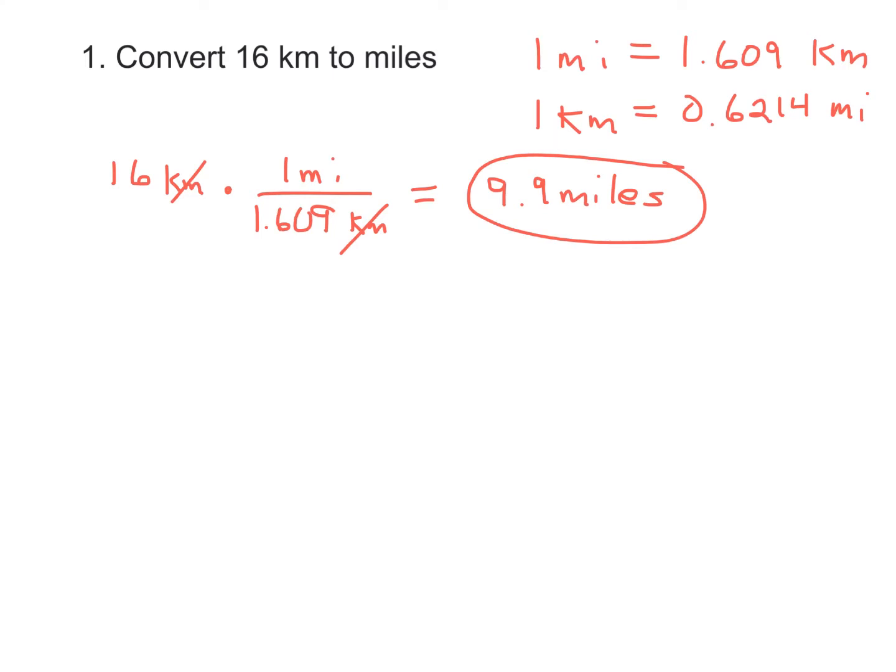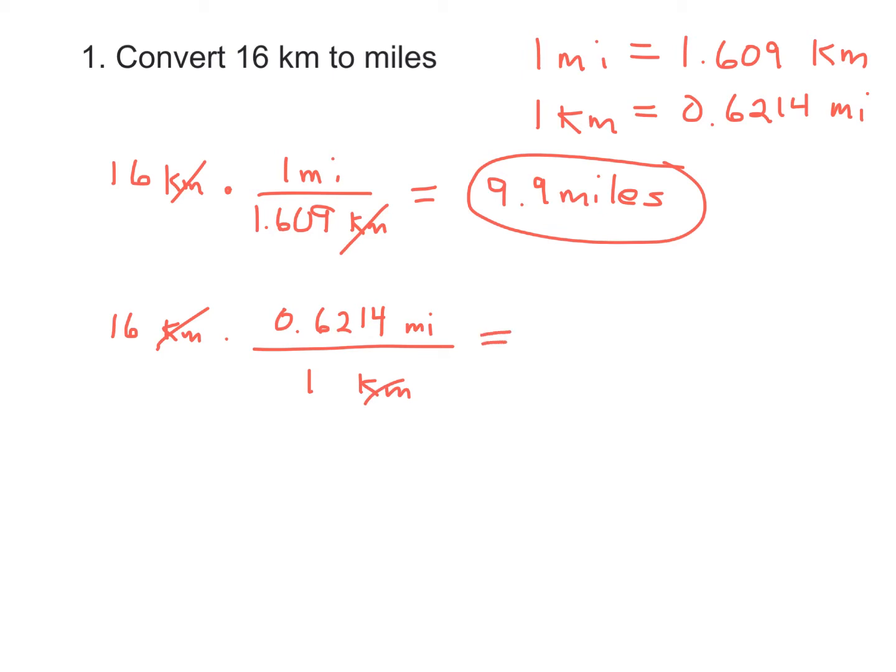Now the other method would have been 16 kilometers times another fraction that is equivalent to 1. This will give you the same answer. You could put the 0.6214 miles on top. Once again, the miles have to be on top because that's what you want to end up with. And then the 1 kilometer on the bottom. So in this case, it'll be a multiplication problem, but the kilometers still cancel out.